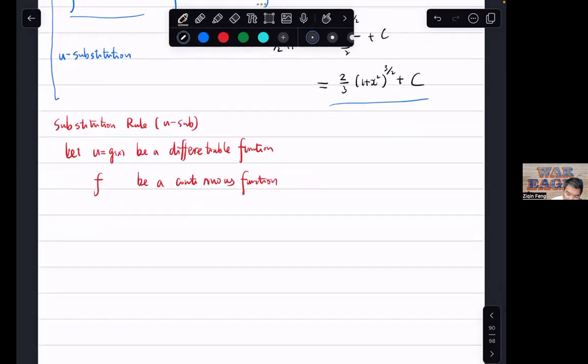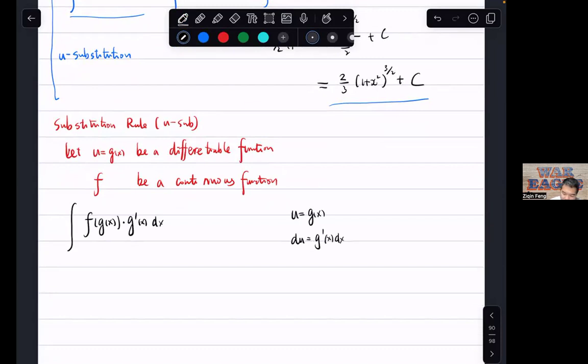Then the integration of f of g of x times g prime of x dx, right? You know that's true. Now just do a substitution with u equal to g of x and du equal to g prime of x dx.